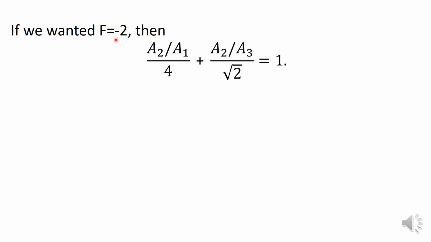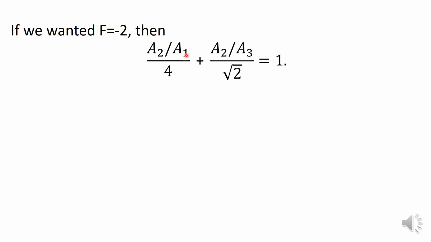But suppose we wanted to get a value of F equal to -2, which is close to our previous solution, and suppose we wanted to arrange for that by choosing cross-sectional areas in an appropriate way. So just plug in f equal to -2 into the denominator on the previous slide, and we'll get this equation.